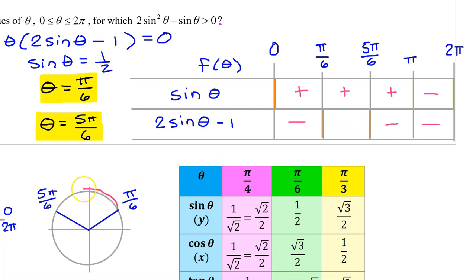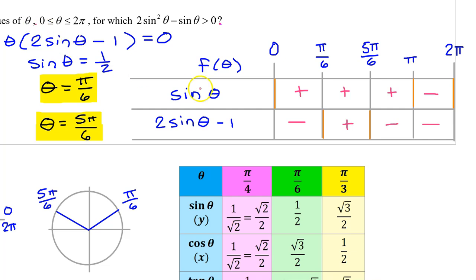That's from here to here. A good value to use would be pi over 2. The y value at pi over 2 is 1. So we would have 2 times 1 minus 1. That is positive 2. So this factor is positive in this interval.